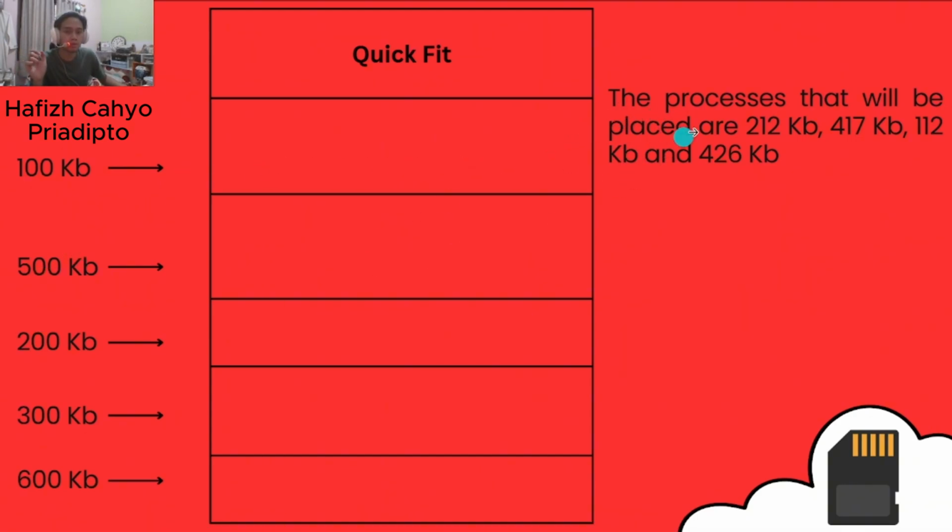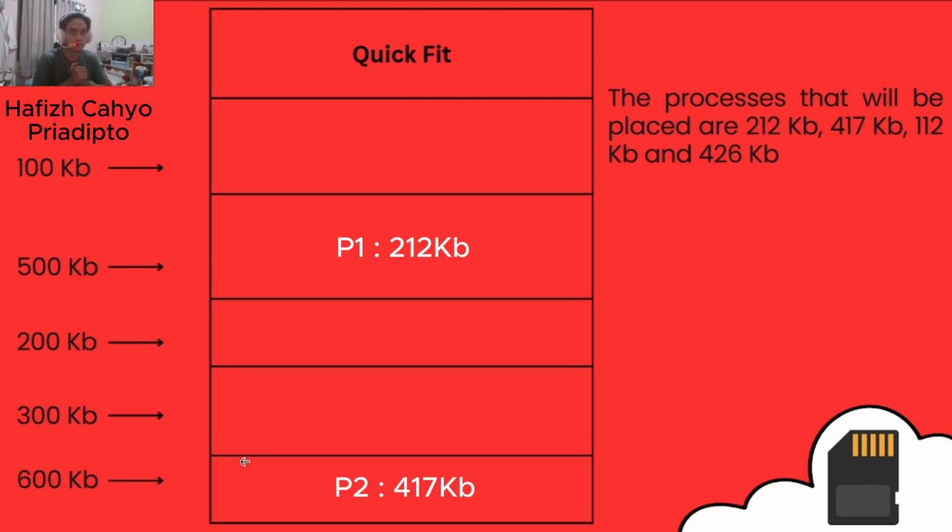As we can see, the first process will go into the second block or column because it's smaller, and the second one, the 470 kilobyte, will go to the last because there's no checking in quick fit.